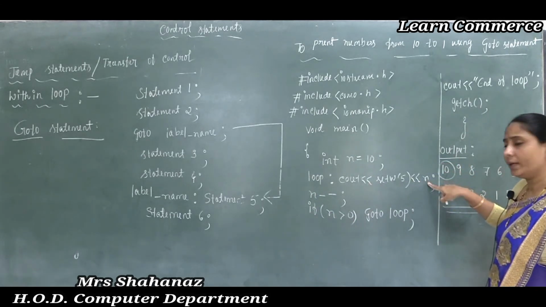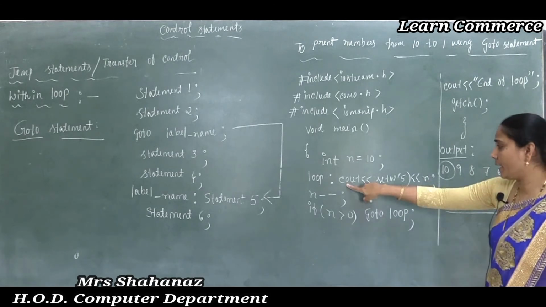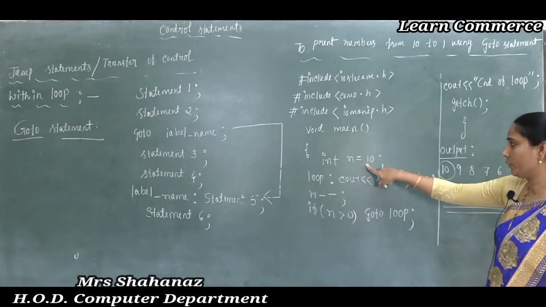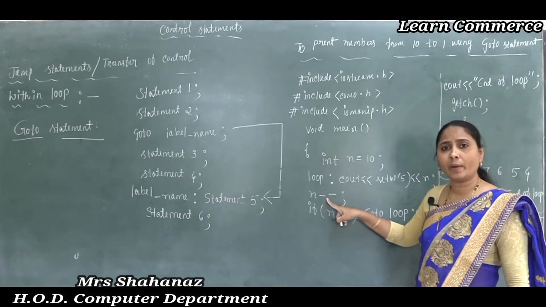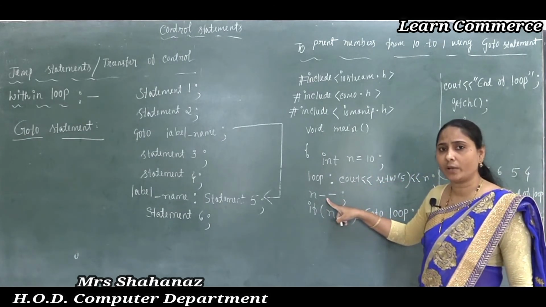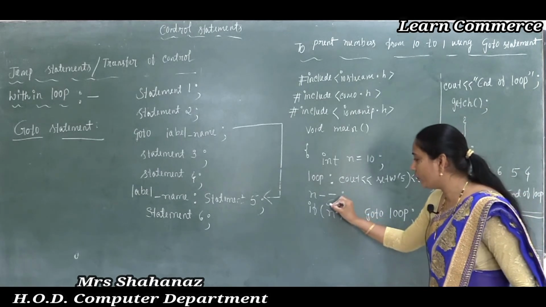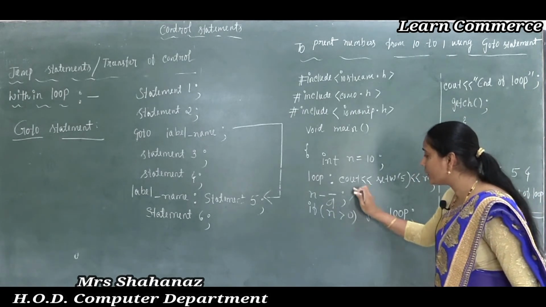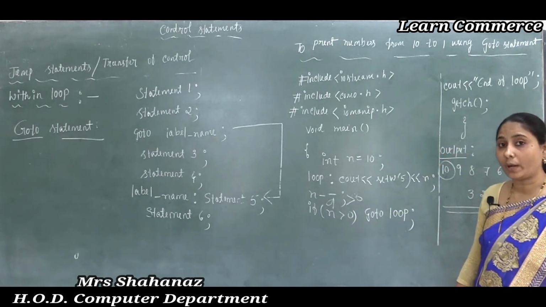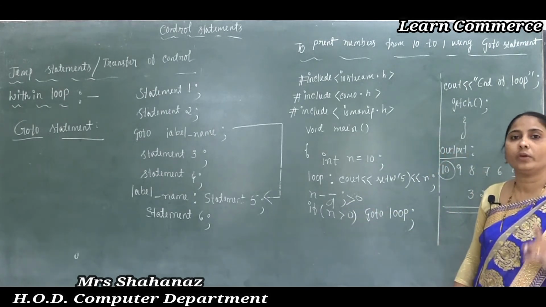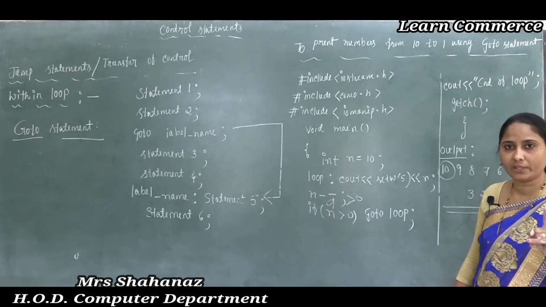We already wrote here to display the n value, which is equal to 10, so it prints the value 10. Later n minus minus: 10 minus 1, the value is 9. Now the n value is 9. So is the n value greater than 0? Yes, n value is greater when compared with 0.